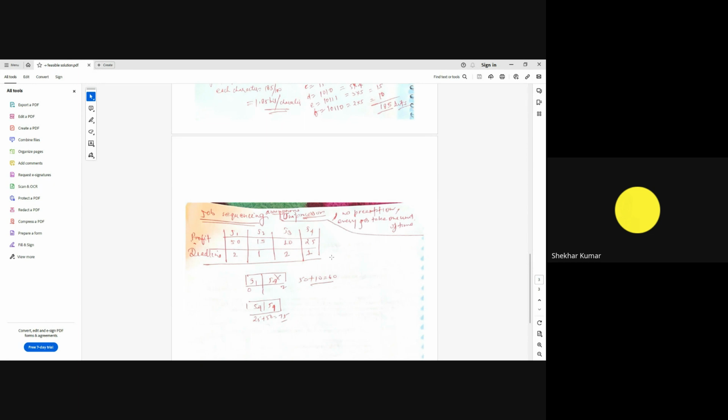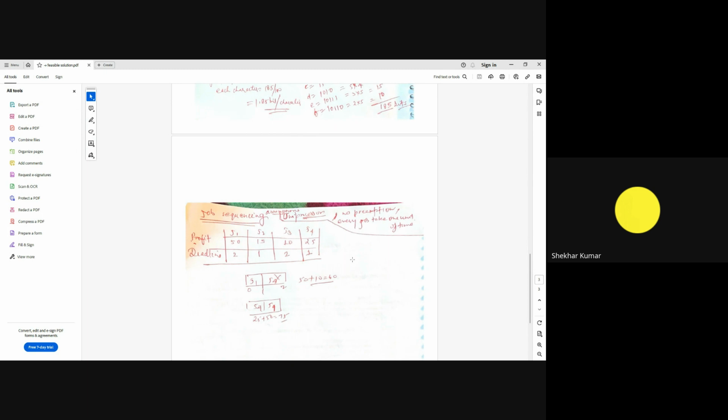Then, in the third step, I will select the jobs with the highest profits and their deadlines, and I will put each job in the maximum deadline time or nearby deadline time. According to this, I will find the maximum profit in the job sequencing algorithm. Is it clear to you?